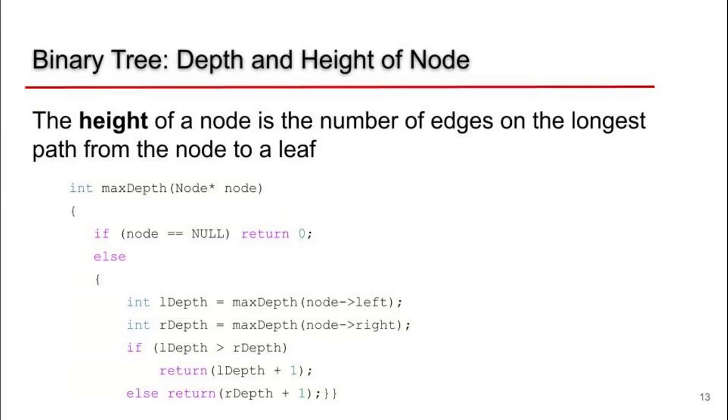You will have two variables, left and right. You have one going to the left and one going to the right. It will check: did you reach null? No. So both of them are equal, and you will return 1.